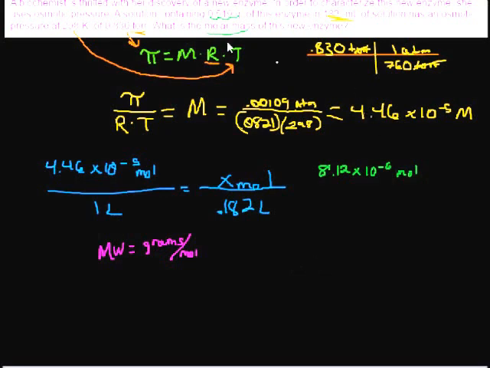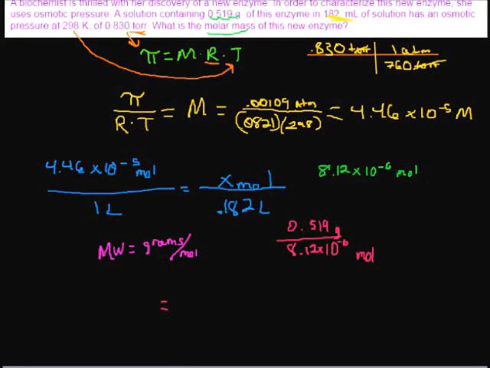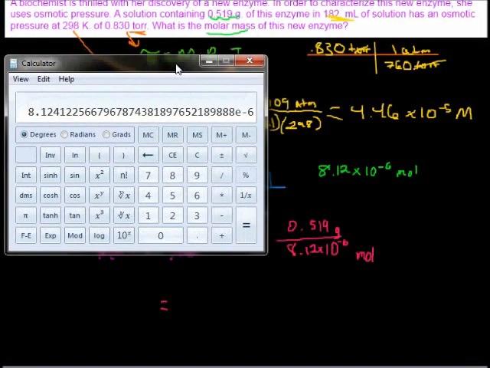But we're just going to take the mass that we have here, 0.519, over 8.12 times 10 to the negative 6. So this is grams and this is moles. So our answer is going to end up being whatever this ends up equaling out to.